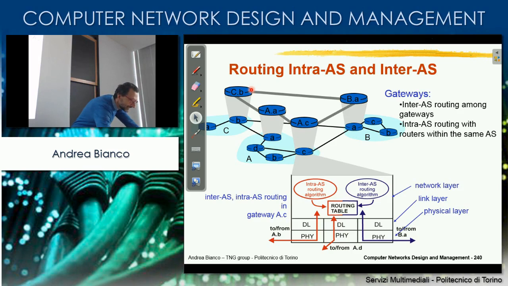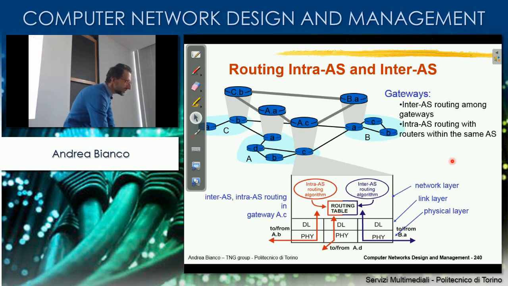And you exchange this information through another type of protocols which are called inter-autonomous system routing protocols. You could use the same type of protocols. Typically you don't do that because you use a simpler one, but they are independent. They are running independently. They allow exchange of information among domains.